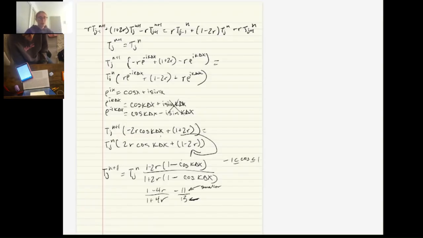It will always be approaching 1, which is what we want, because if it's approaching 1 and never is 1, then T_j^(n+1) will never be greater than T_j^n. This shows that the scheme will always have stability, and r can be any value. So that is the end of homework 2.